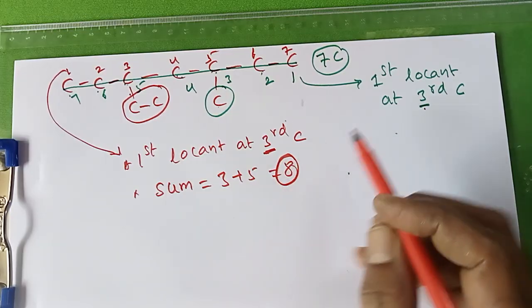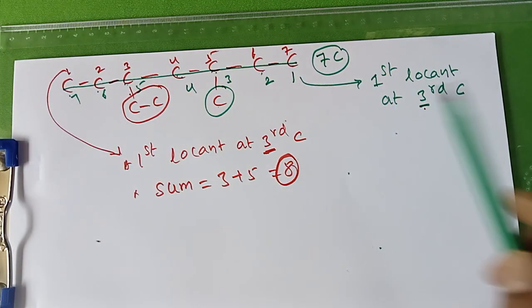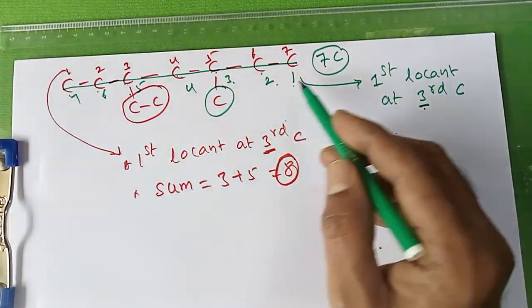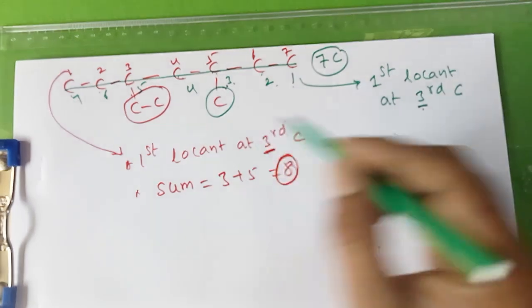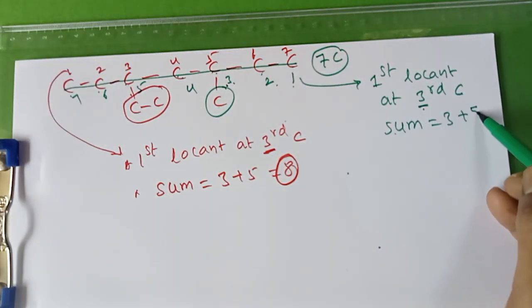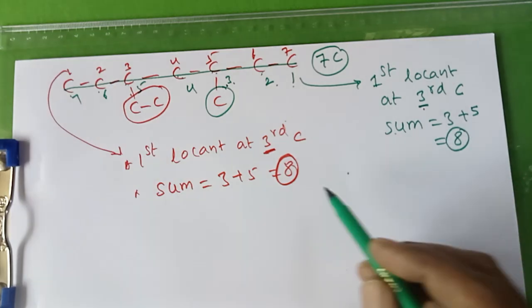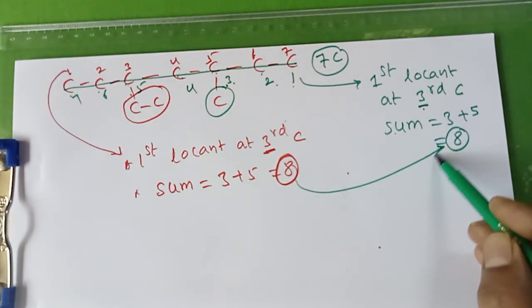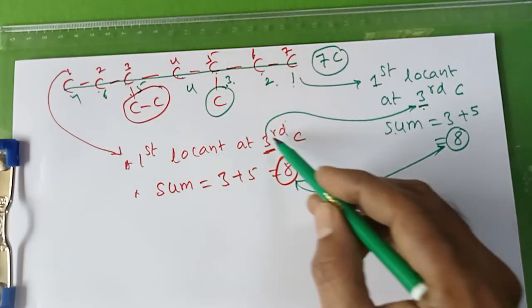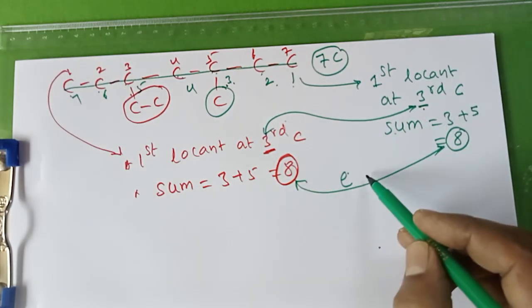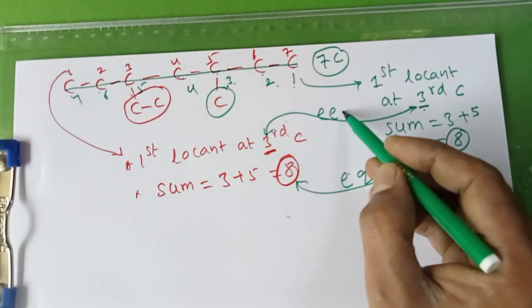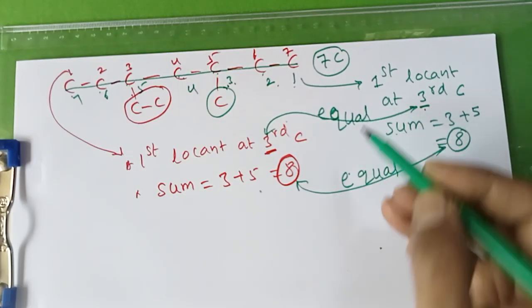In the other numbering also you can calculate the sum value: 3 plus 5 is equal to 8. Then all are equal. The third carbon is equal, and the sum 8 is also the same. So equal and equal.